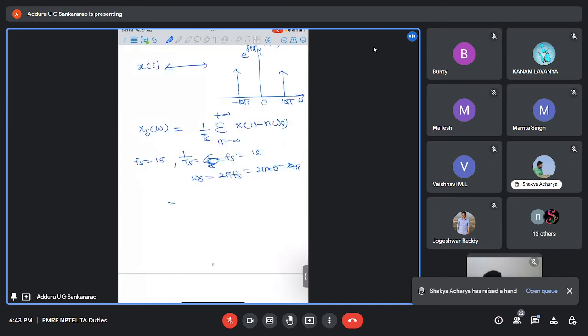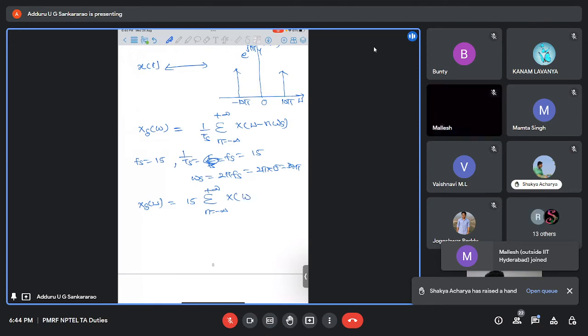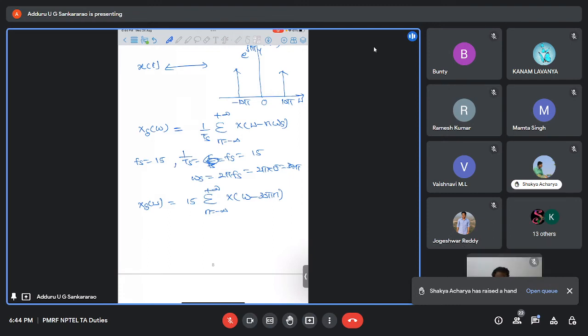So this is the Fourier transform of the sampled signal x delta. 1 by Ts is 15, sigma n equal to minus infinity to plus infinity X of omega minus 30 pi into n. Omega s is 30 pi. So this is the Fourier transform of our sampled signal.